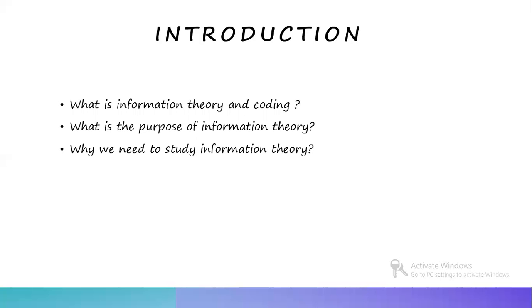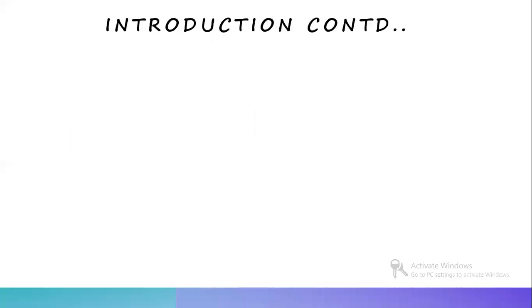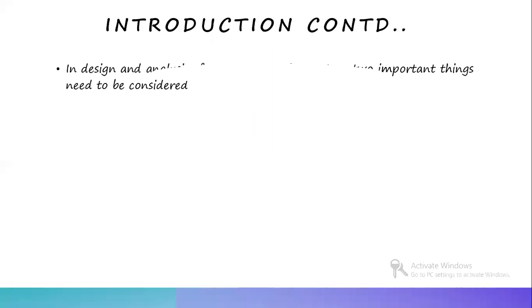After knowing the gist about what is information theory and coding, next we'll move on to further what we'll be learning in Module 1. So, in the design and analysis of a communication system, two important things need to be considered.